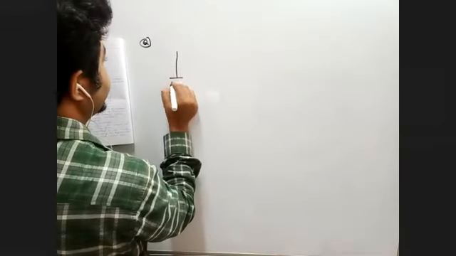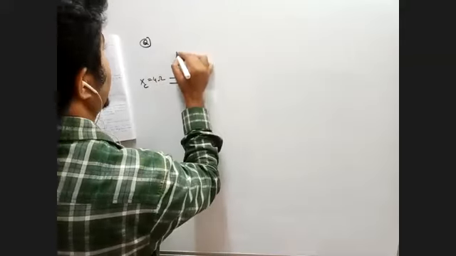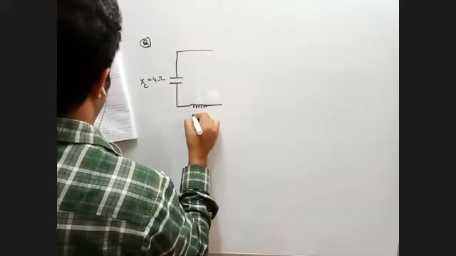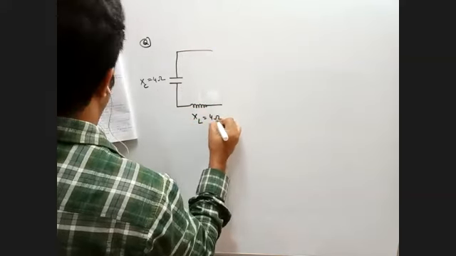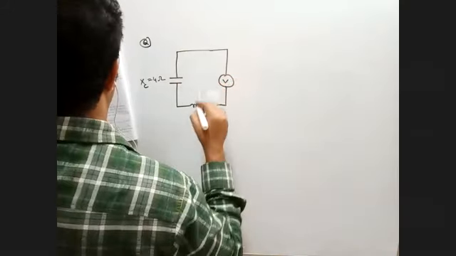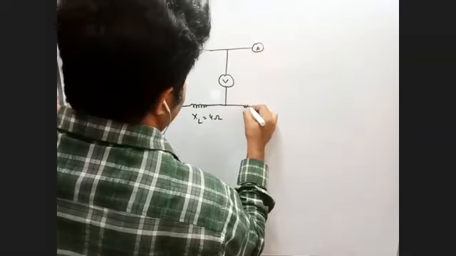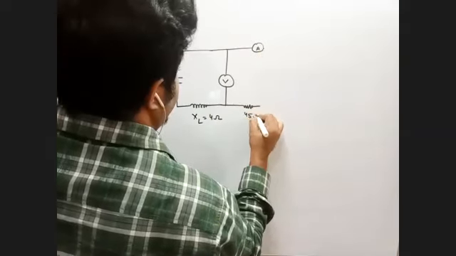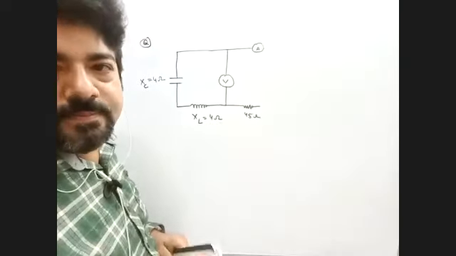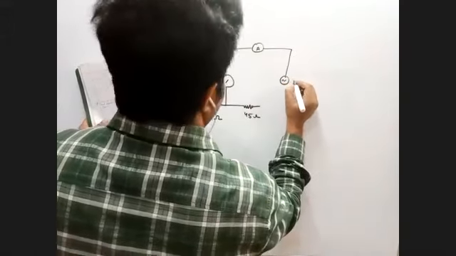You have a 4 ohm capacitor, an inductor with XL that is 4 ohm, a voltmeter V, an ammeter A, a resistance of 45 ohm, and an AC signal of 90 volt.